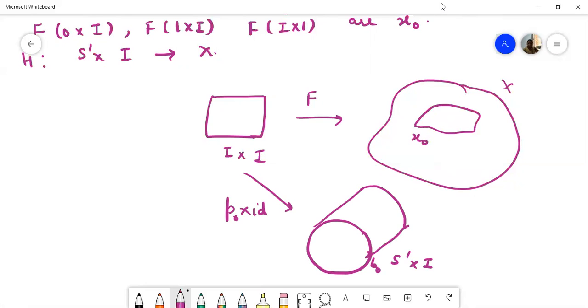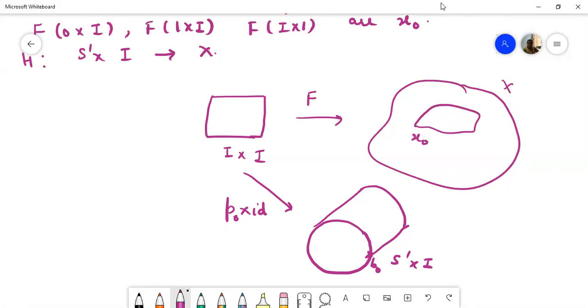So under this mapping p0 cross identity, p0 of 0 cross t, that means this left edge, and p0 of 1 cross t, that means this right edge, these two go to the point b0 cross t.